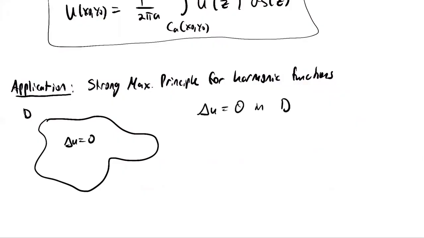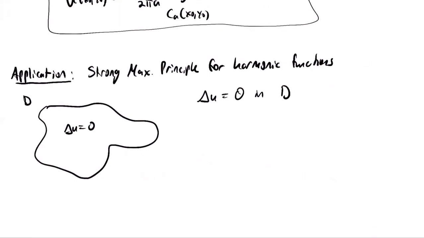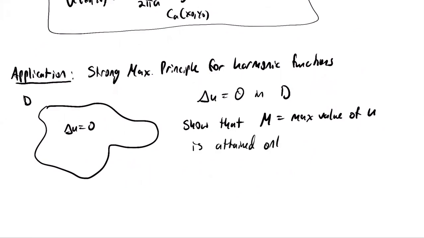We want to show that the maximum value of the solution is attained only on the boundary of the domain D, unless u is constant.